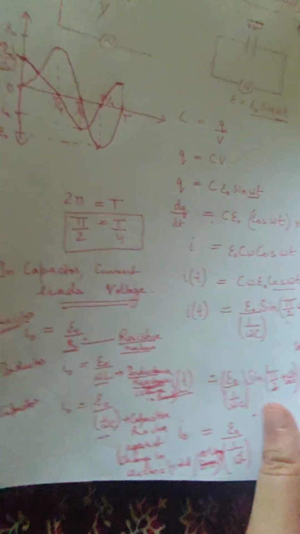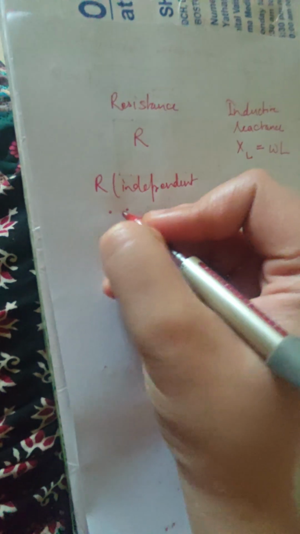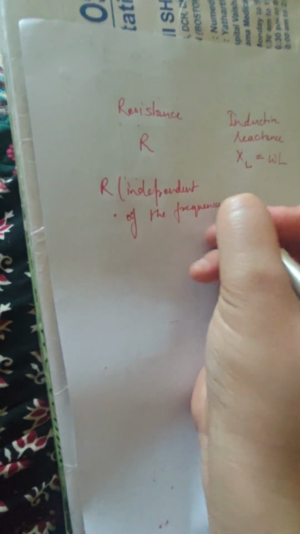So in the final words, let me just talk some more about inductive, capacitive and resistive circuits. Resistance is R, whereas inductive reactance is denoted by XL, which is equal to omega L. And then third is your capacitive reactance, which is XC, which is 1 upon omega C. The factor to be noted is that R is independent of the frequency of current.